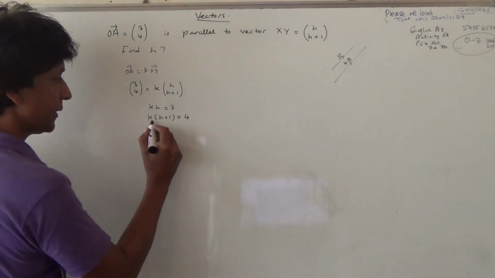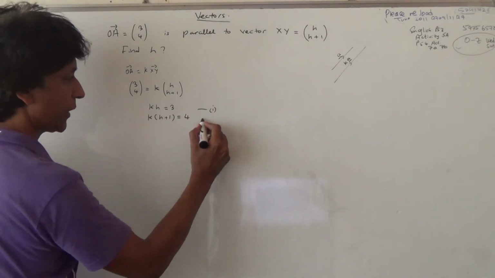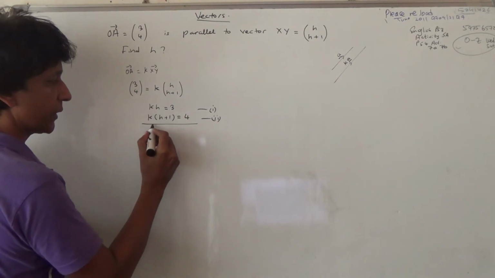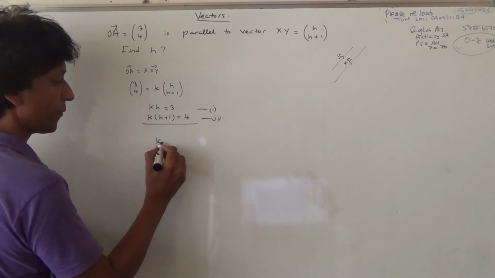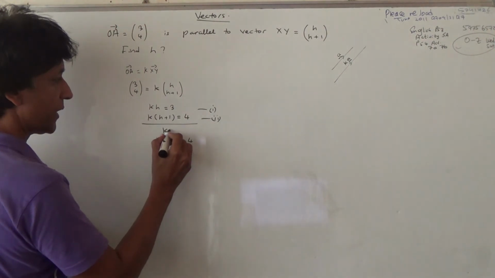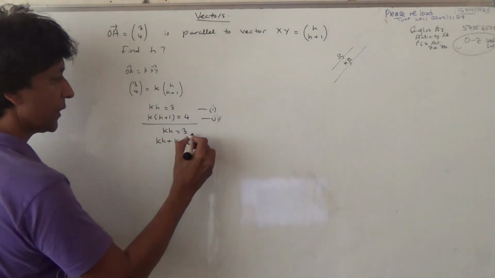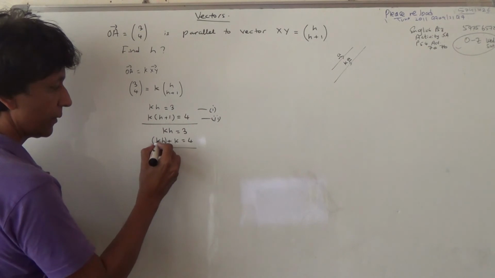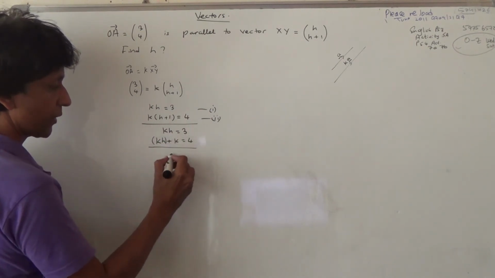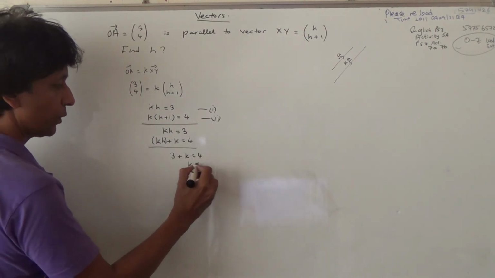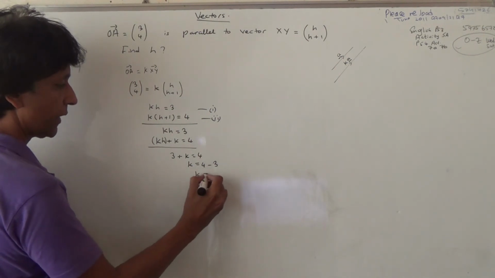We can solve these two equations simultaneously. By distributing the second equation, we get kh plus k is equal to 4. And over here, you've got kh is equal to 3. You can clearly see that kh equals 3 can be substituted here. So I've got 3 plus k is equal to 4, and that means k is equal to 4 minus 3, so k is equal to 1.